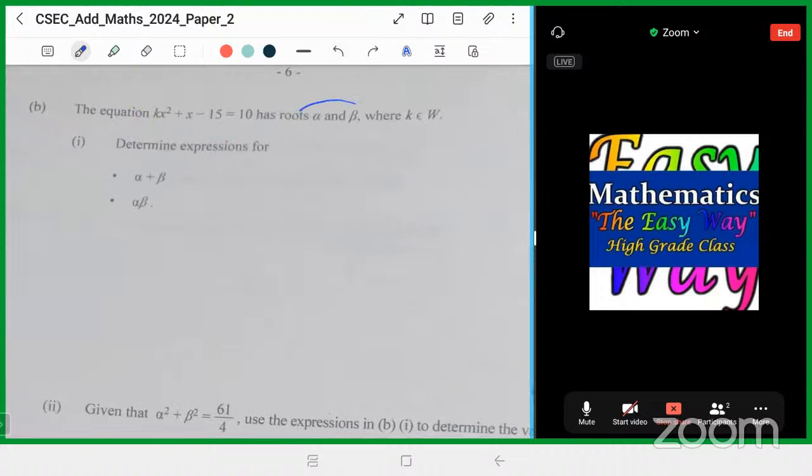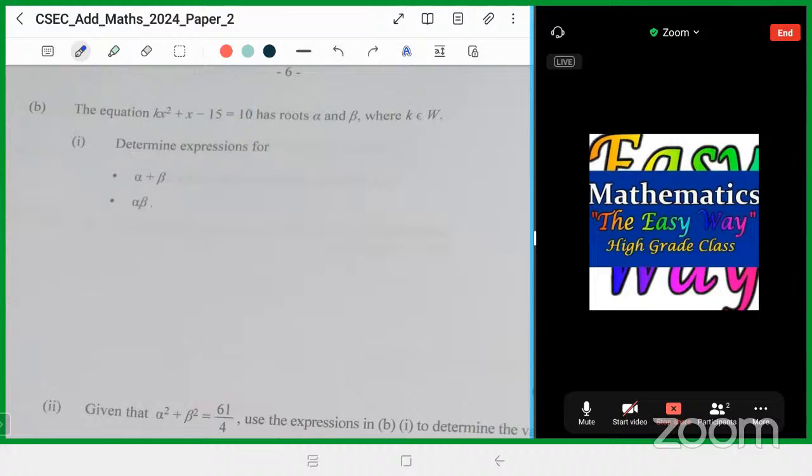has roots alpha and beta, where k is a whole number, and we have to determine expressions for these. They're going to be in terms of the k and the w. Oh, problem. Be careful. So when we're picking up the b and the c, the equation has to be in the standard form. So we have to transpose this 10, right?